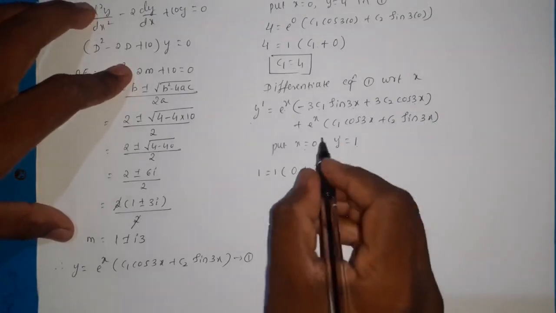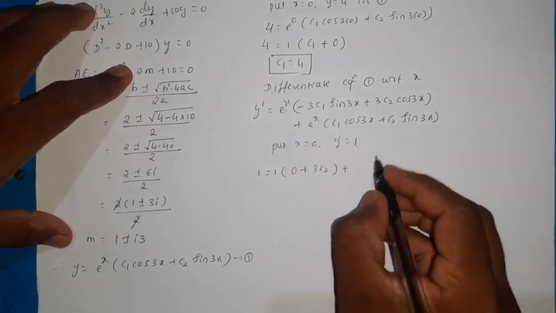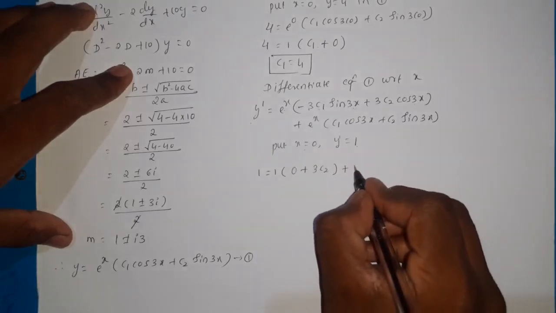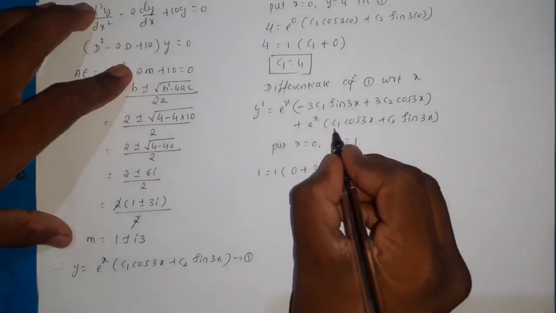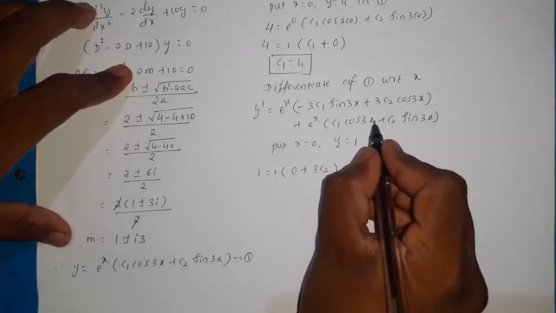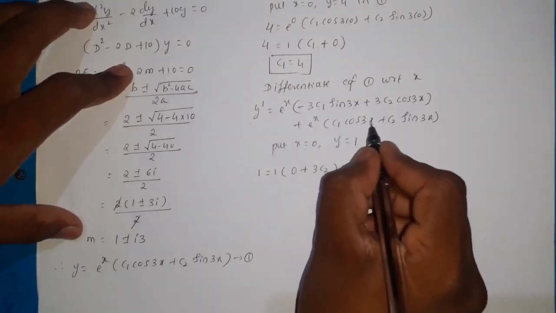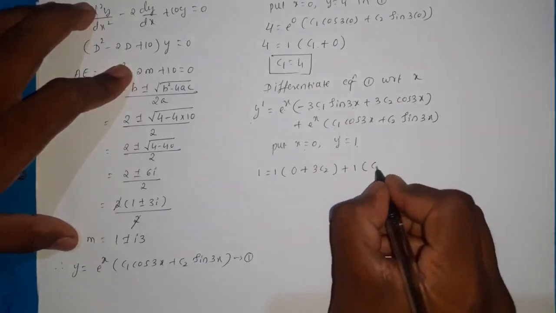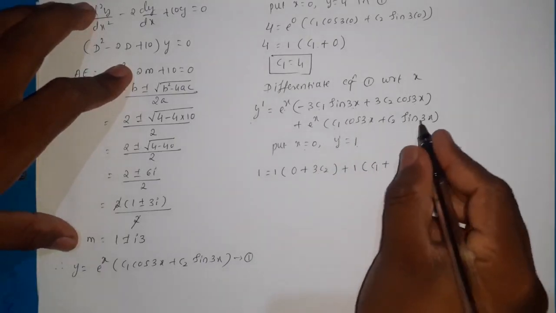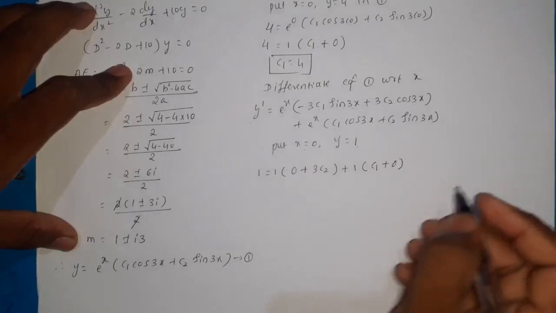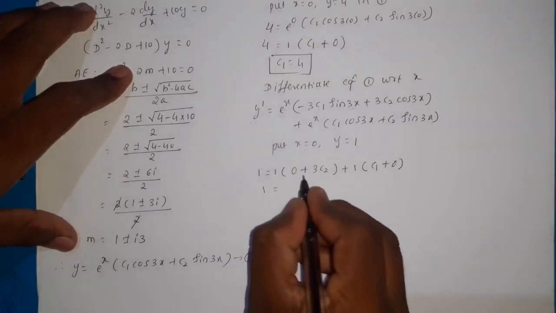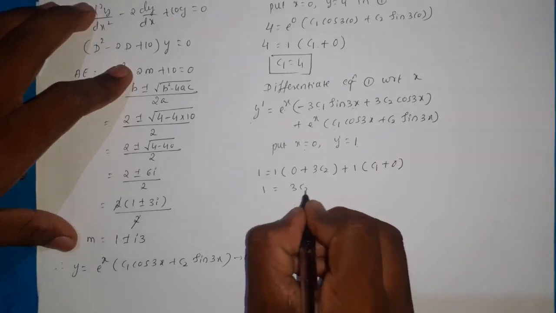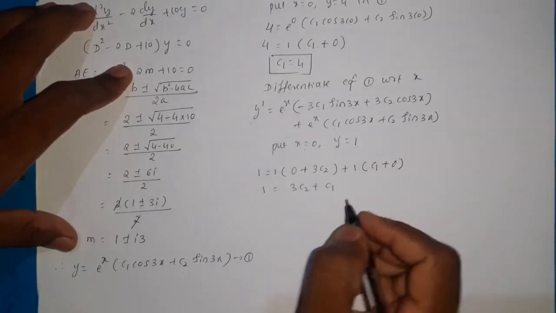3c2 plus, again here e power 0 is 1 into c1 cos 3x. So c1 cos 3x means c1 cos 3 into 0, that is cos 0, hence it is c1 plus c2 sin 0 is 0. Then 1 is equal to, this becomes 3c2 plus c1.